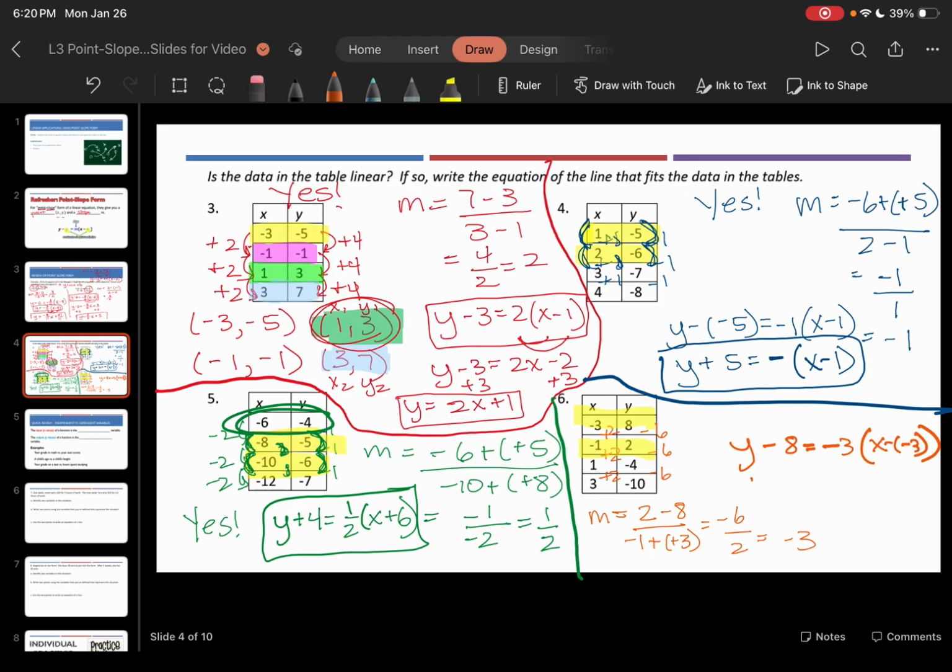Minus the negative becomes a positive. And again, if you had picked a different point, you would have still gotten the same slope. It doesn't matter which 2 points you pick, your slope is going to be the same, but your equation might look different. Okay, so that was our good review of point slope form, and also talking about whether relationships are linear or not.